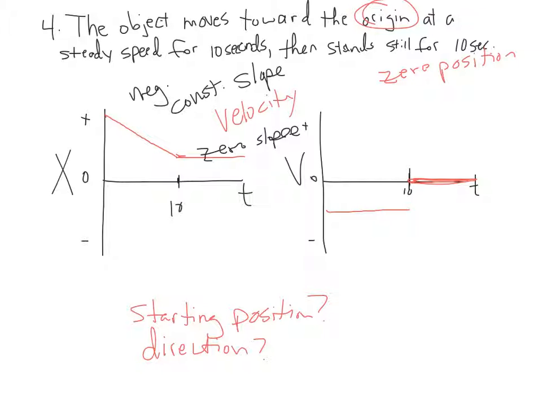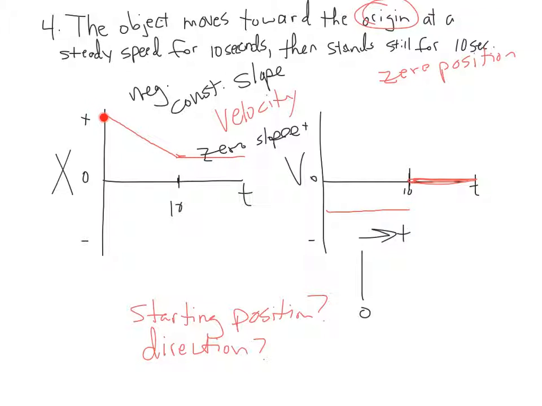All right, one last thing before you all fall asleep. Motion map. How do you show this in a motion map? Well, do I know my starting position? Well, they didn't tell me the starting position in my statement, but I did have to make one up for my graph.